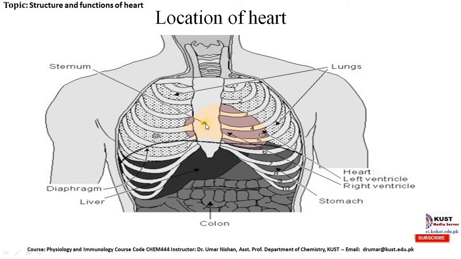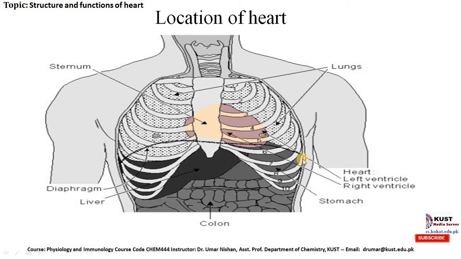This is the sternum. These two are lungs. You can see here, one lung is here, the other is here. This is the diaphragm. This is the liver. This is the stomach, and this is the heart.